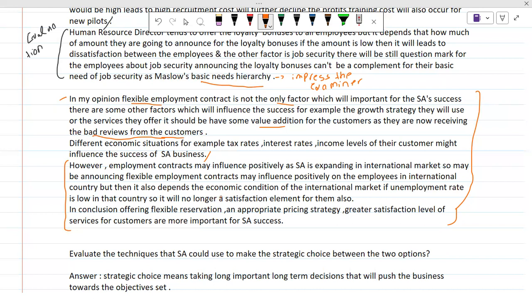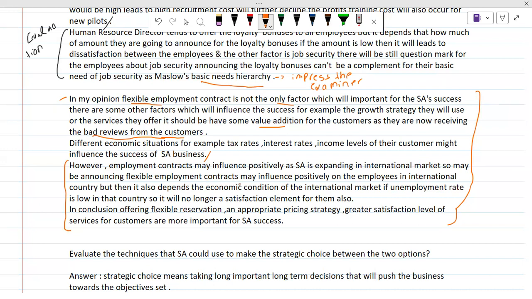Now you are again evaluating your point. First of all, you should write your opinion, why it is important, why this is your opinion, write some positive points for it, and after that try to evaluate your positive points. And after that, for the statement which you are not agreeing with, write some judgment points for it also.